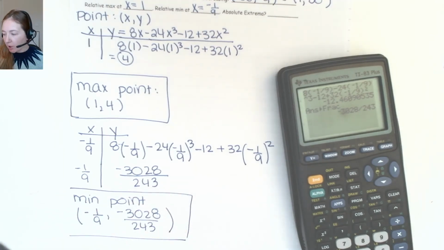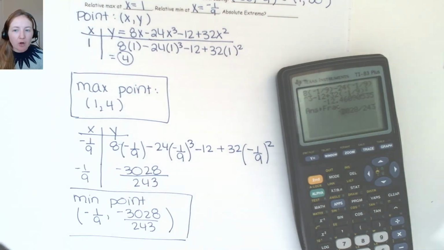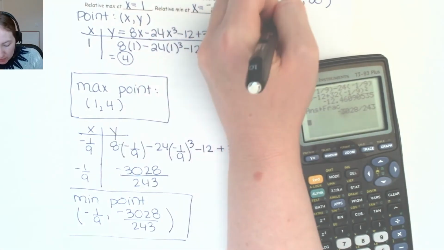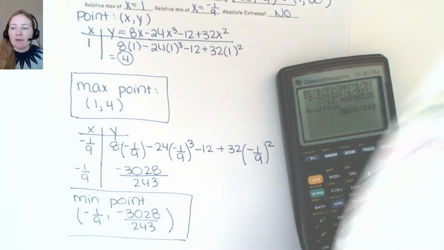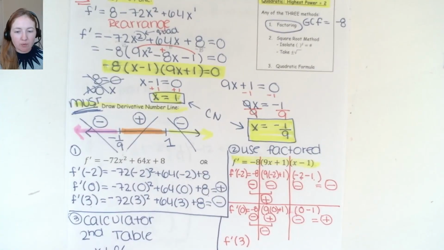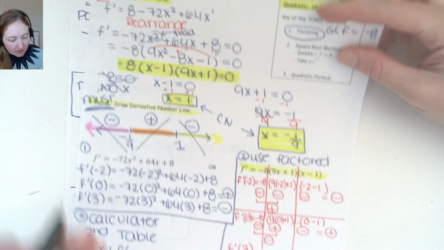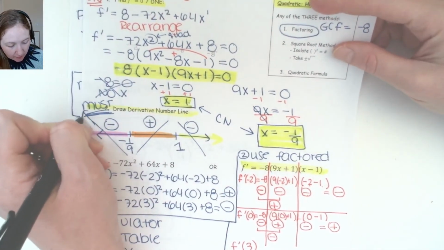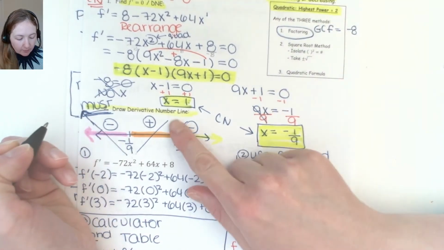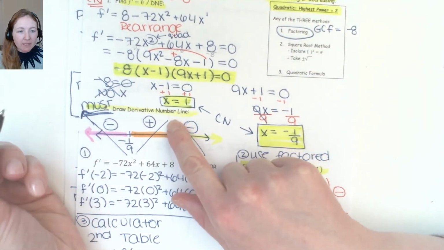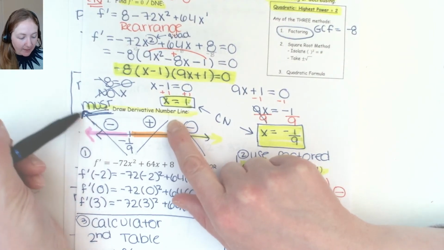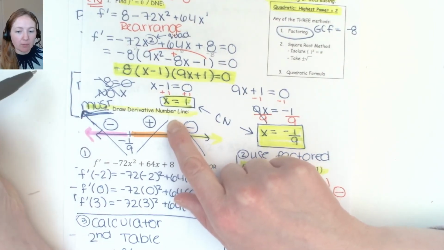Now, this last part is not part of the homework, but I just want to mention it really quickly. There are no absolute extrema for this function. Remember, for absolute extrema, you would need it to be the tallest point on the entire graph. But because this graph is going up, up, up forever, this relative max is going to be surpassed as these points go up forever.